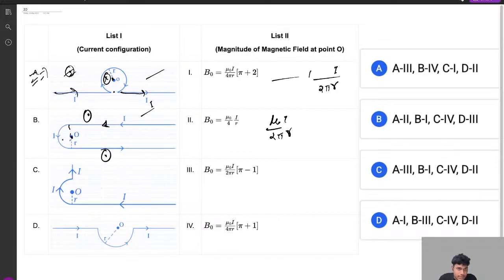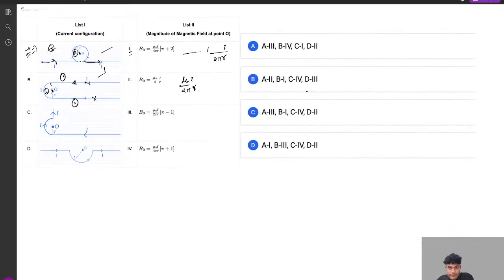So the magnetic field is mu naught I upon 2 pi r due to this whole wire, and due to the semicircular part it is mu naught I upon 4r. So for B, I think the first option is correct. For B it is 1.